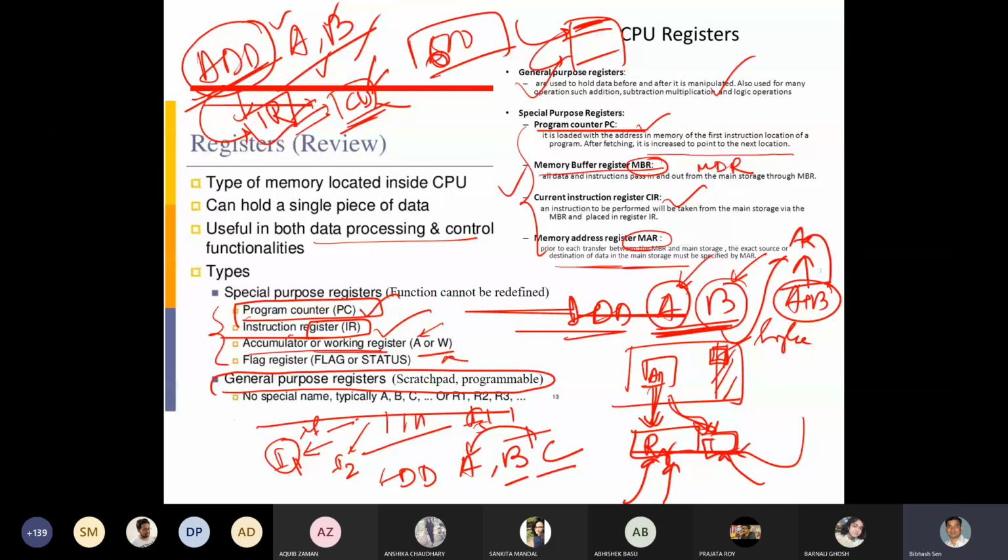For the time being, just remember the IR will load the current instruction and decode it. It decodes the semantics, the meaning of add. Then accordingly it will generate the required control signals, multiple control signals, and micro instructions will be executed to perform the single task of add.